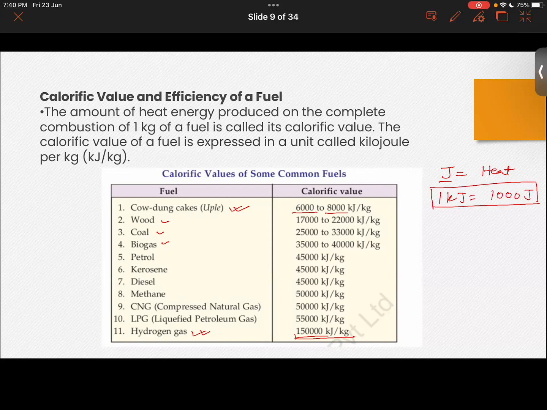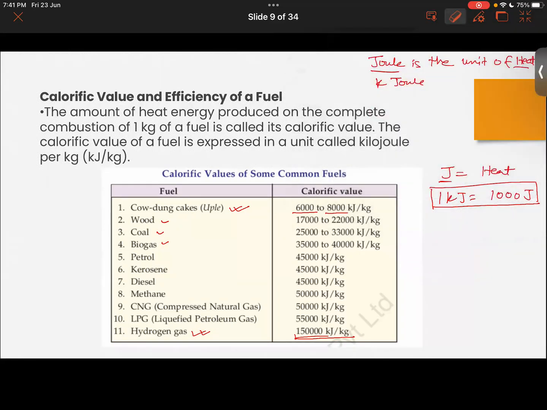I'm saying that joule is the unit of heat. Heat is measured in joule, and a higher quantity of heat is measured in kilojoule.